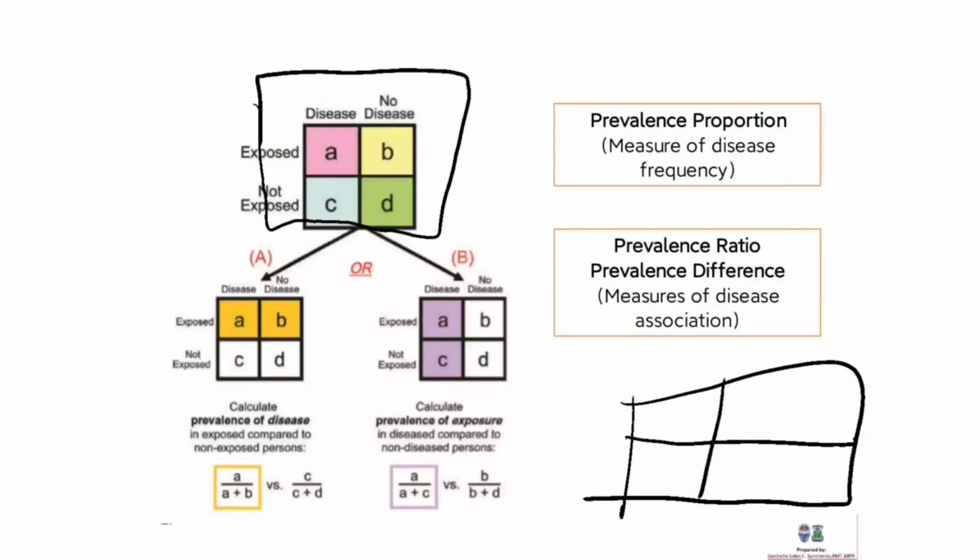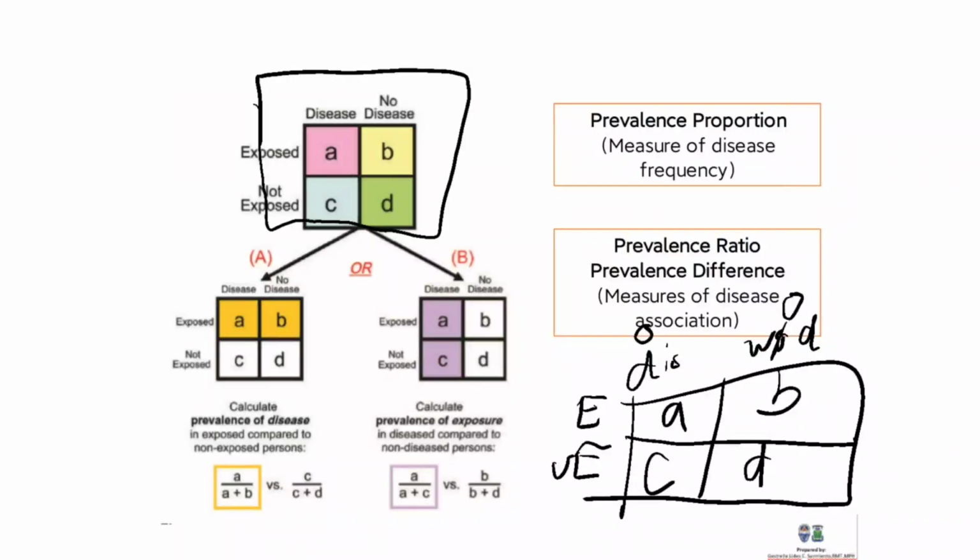Dalawa by dalawa, and then lagyan nyo ng A, B, C, and D. Tapos make sure na nasa taas yung disease, tapos without disease, okay, or yung with outcome, tsaka yung without outcome, tapos exposed tsaka unexposed, no? So ganun lang kasimple yan. So dapat laging ganyan yung magiging table nyo, and then you just put A, B, C, and D. Okay? So ganyan lang yan.